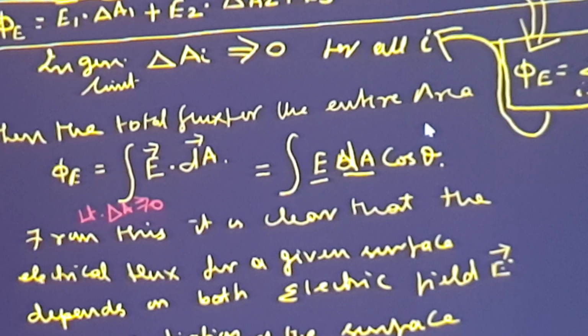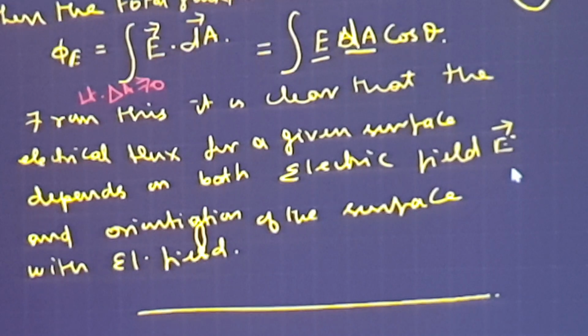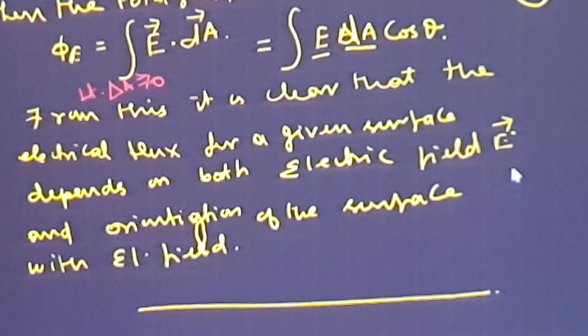So from this it is clear that the electric flux for the given surface depends on both the electric field E and dA cos theta, which is the orientation of the surface with respect to the electric field.